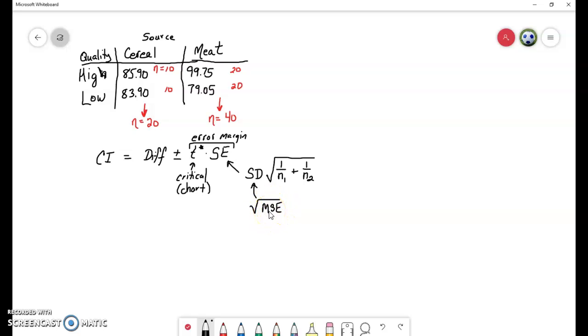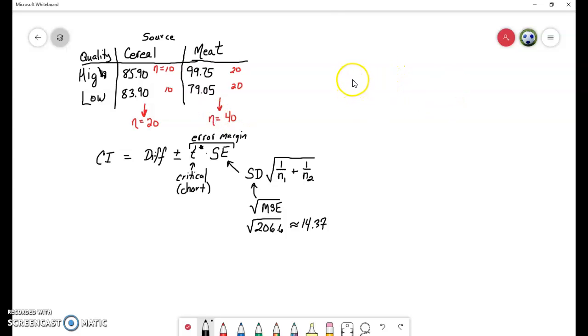In this particular problem, it's 206.6, which gives us about 14.37 for our standard deviation. Here, our N1 and N2 are going to change depending on which confidence interval we're calculating.